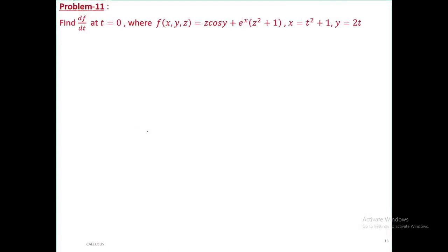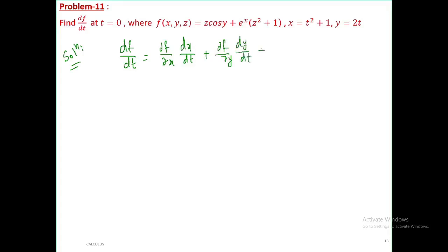Find df by dt at t is 0, where f is a 3 variable function. Again same story. So let me start and you continue this. So df by dt. Now what is df by dt? Since f is a function of 3 variables, first ∂f by ∂x, again by chain rule dx by dt, because x is a function of t. Plus again ∂f by ∂y, and y is a function of t, so dy by dt.